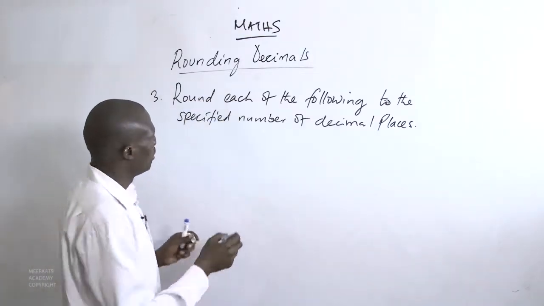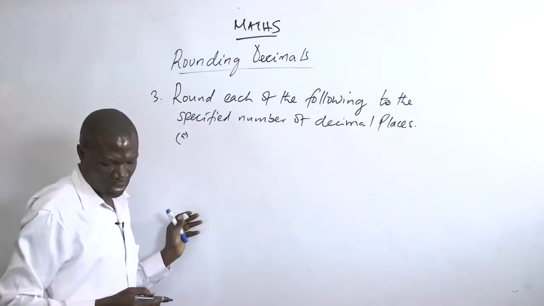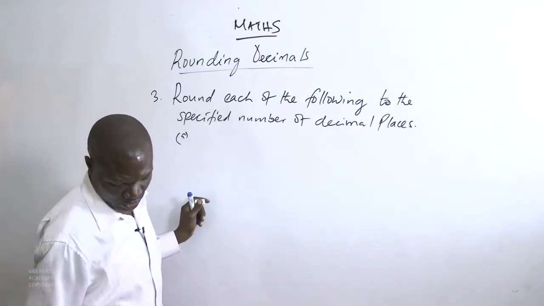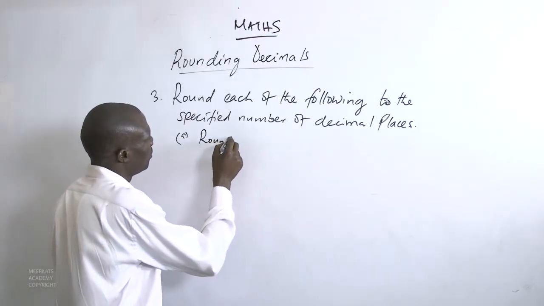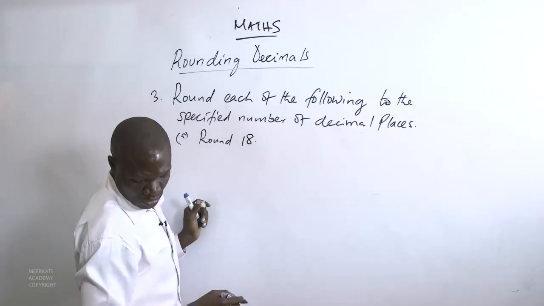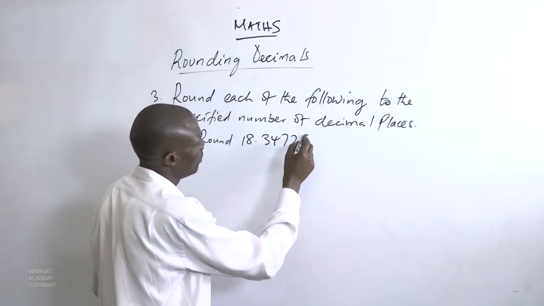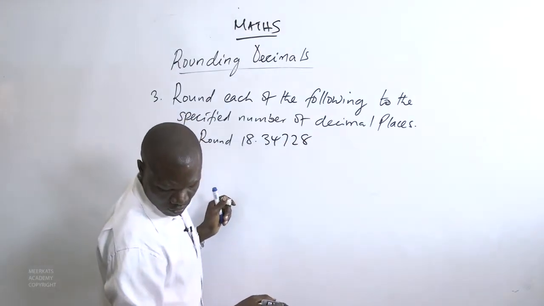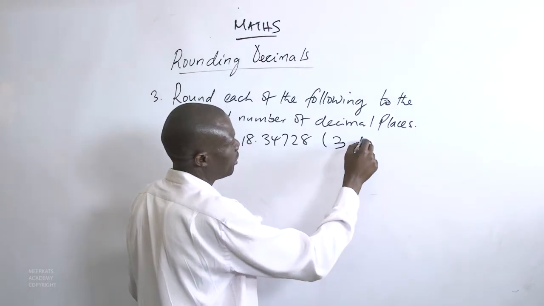Round each of the following to the specified number of decimal places. A is round 18.34728 correct to 3 decimal places.